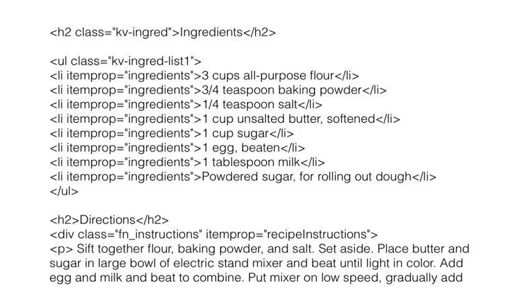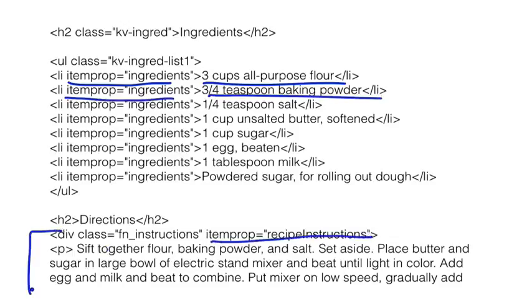And then we get a list of ingredients. Item property ingredients and one ingredient, item property ingredients and another ingredient, etc., etc. Item property recipe instructions, and we get this block of text that is the narrative directions.